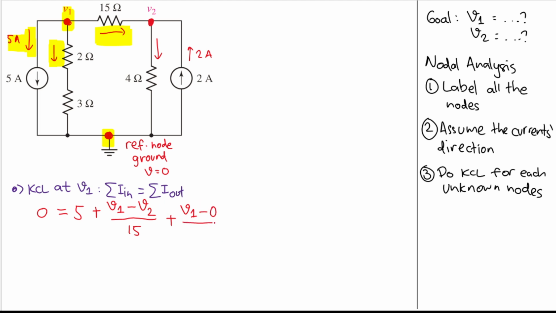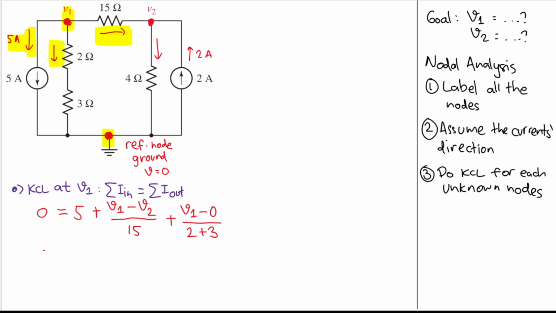And it will need to be divided by the resistance between this node and this node, but that is 2 and 3 in series. Remember, for series resistance, we can just add them up. So I will have 2 plus 3. Good. Now let's do some simplification here.